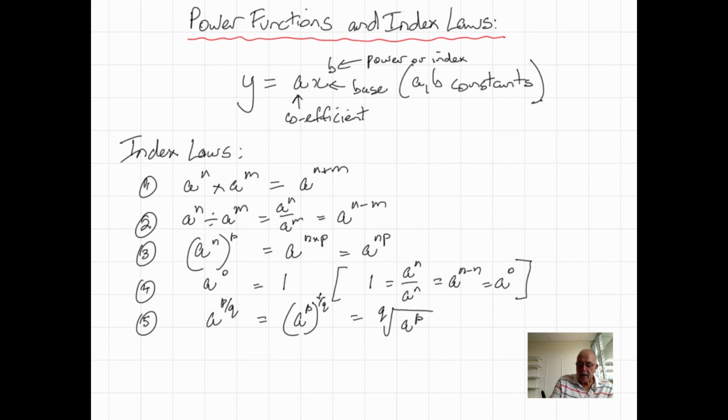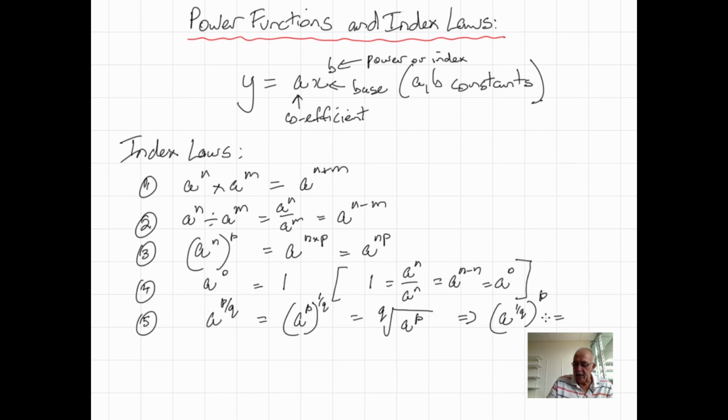It's equally likely, another way to express it, we could have split this up as a to the 1 on q, all raised to the p. So that can be expressed as a to the 1 on q all raised to the power of p. Once again, when you multiply those two together, we're going to get a to the p on q.